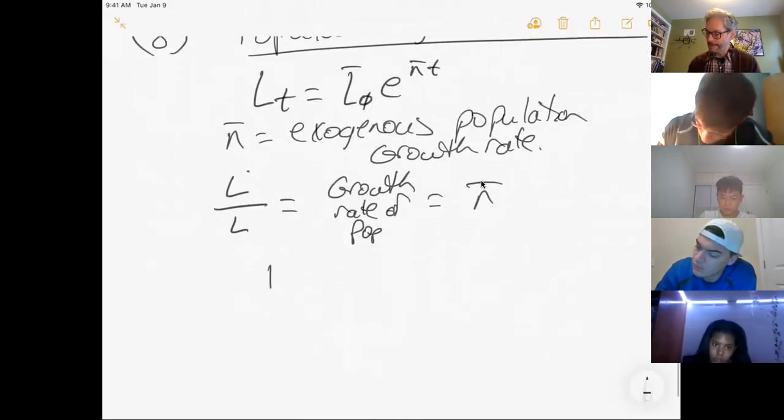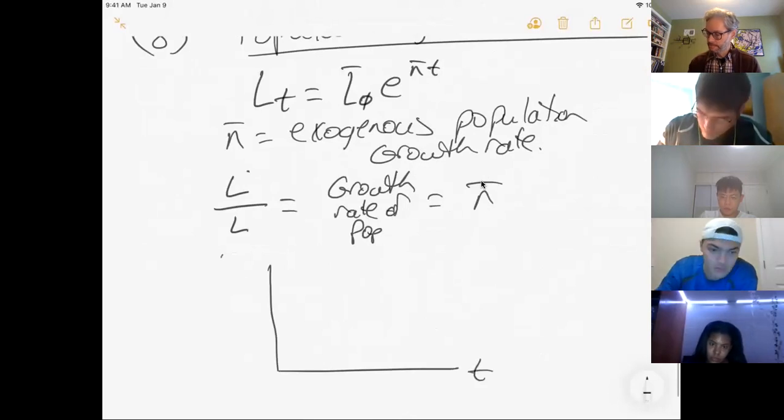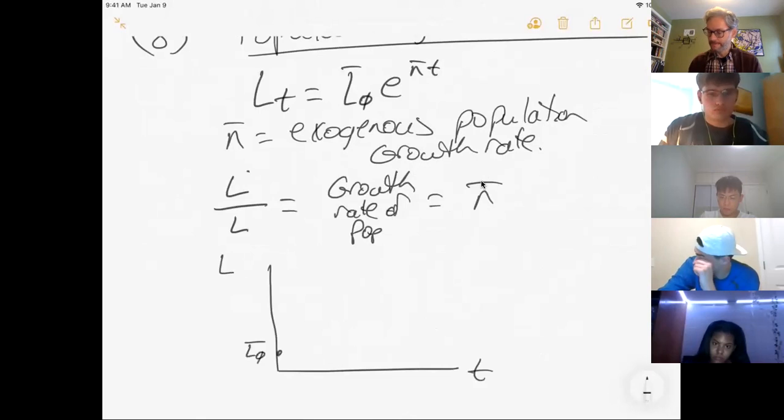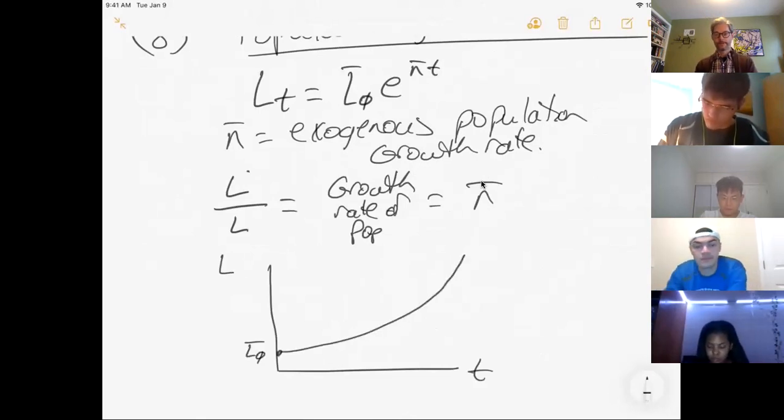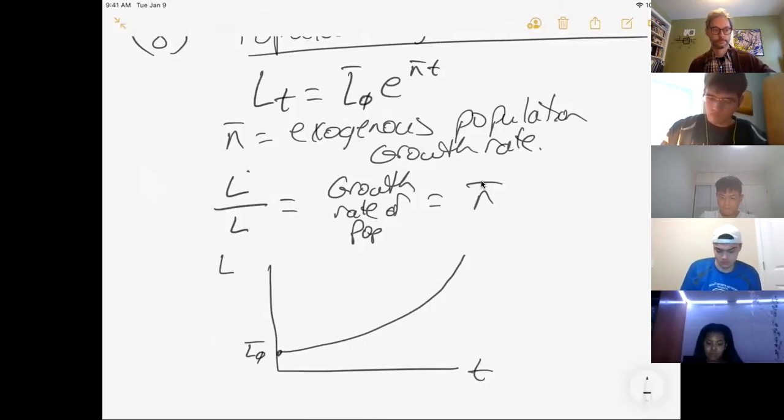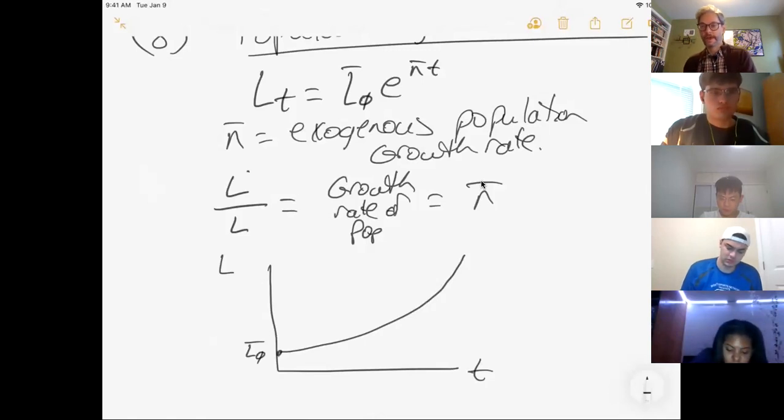So if we graph this, what does this look like? Well, we start off at L0, and what happens over time? Population is growing exponentially. And for right now, we're going to assume that everybody who's alive works, okay?